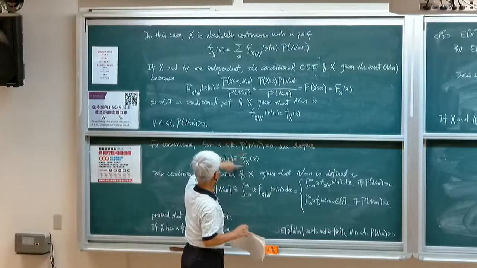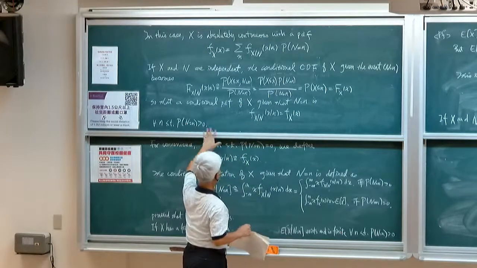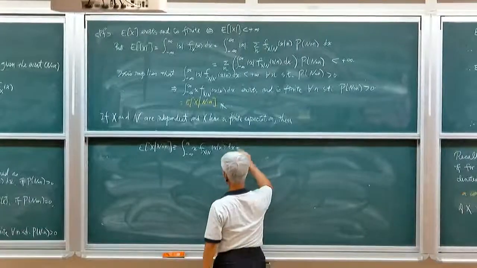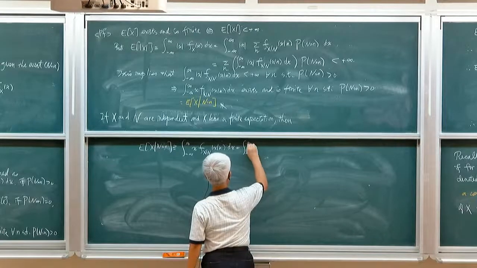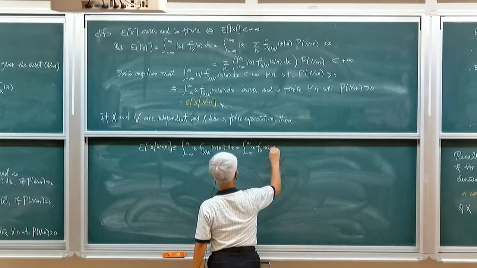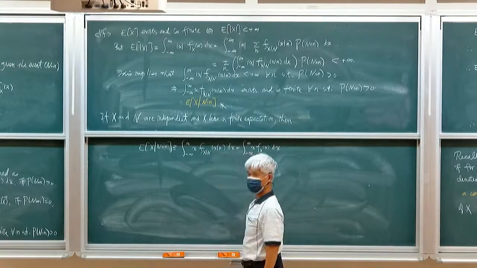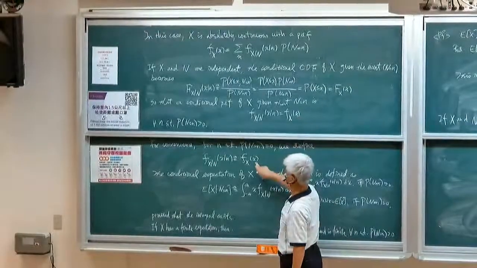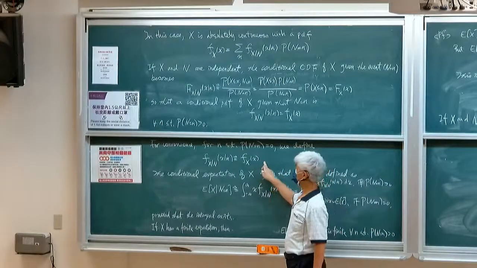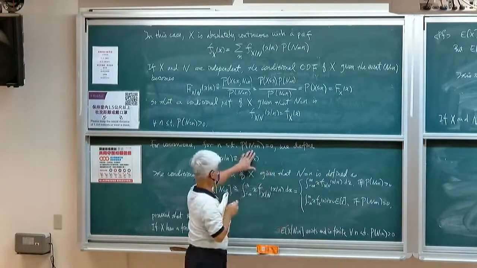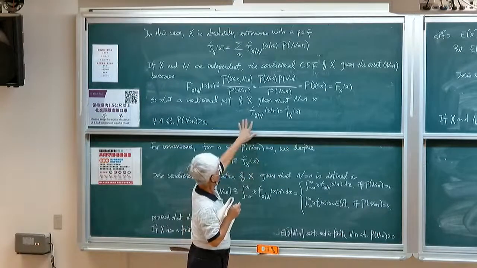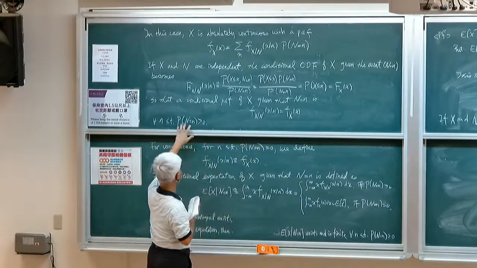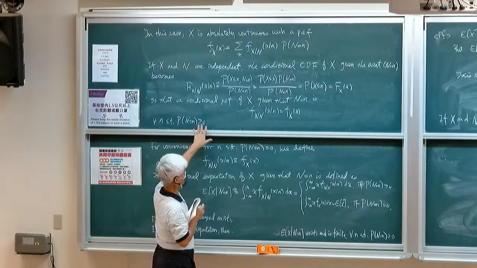From these two you can see that the conditional PDF becomes the unconditional one. And this is already by definition when this probability is 0, and this is from the independence property when this probability is positive.